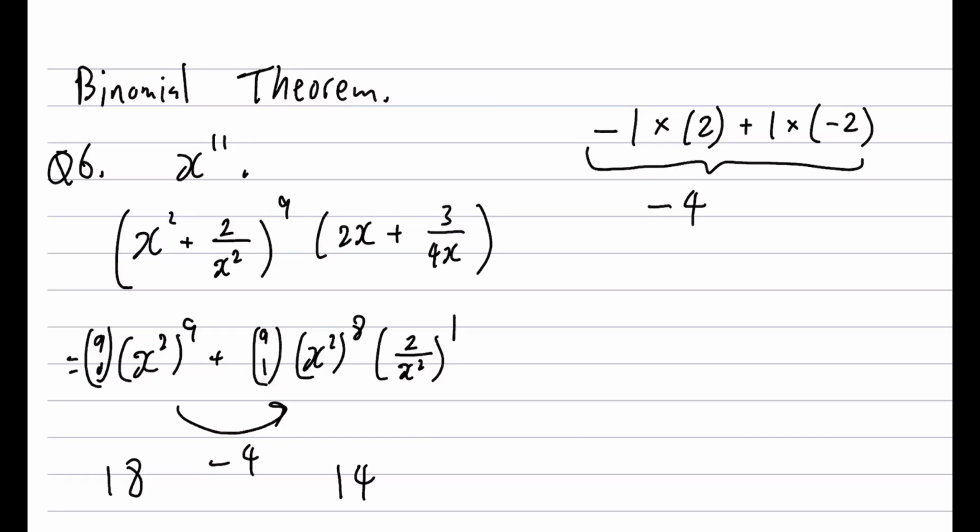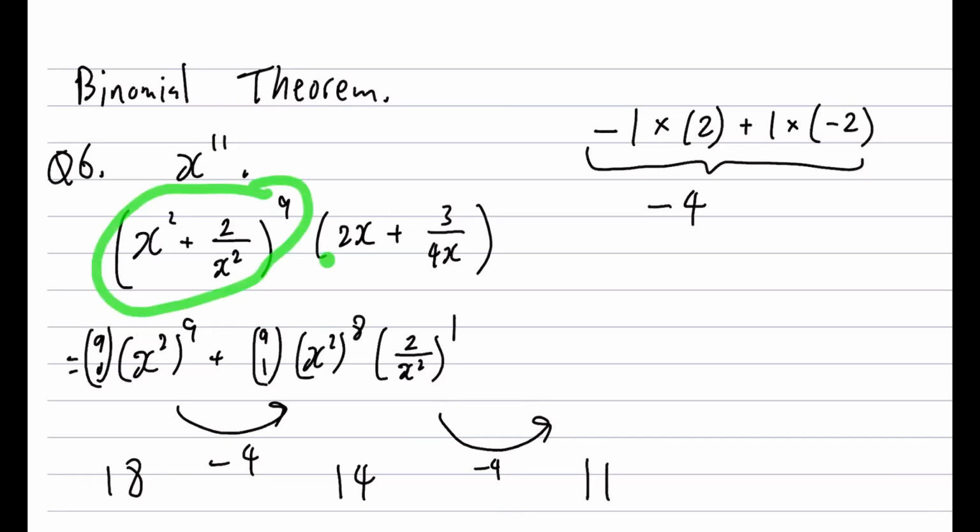Then if you want power 11, how do you get power 11? You minus 4 again, then you get 11. But you have to realize that this is only for this part here. You still need to multiply by 2x plus 3 over 4x. So after you minus 4, you get 11.